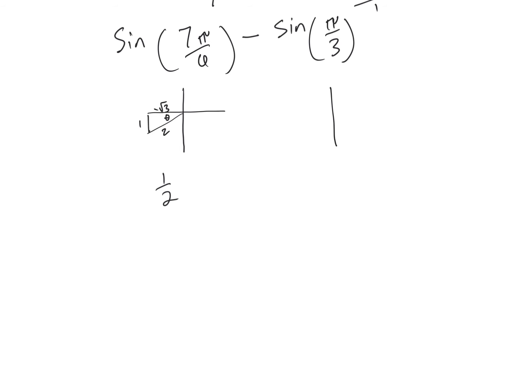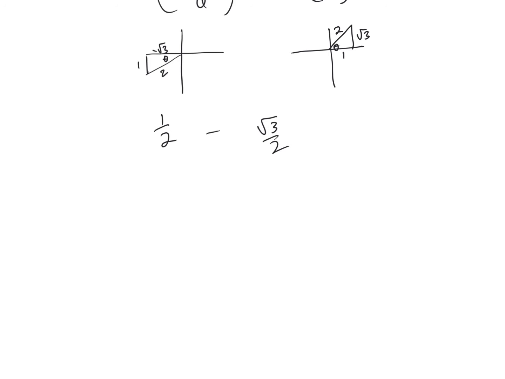And then the other one, pi over 3, that's here, and that is 60 degrees. So my opposite is root 3 over 2. So it's 1/2 minus root 3 over 2. And that would be my answer.